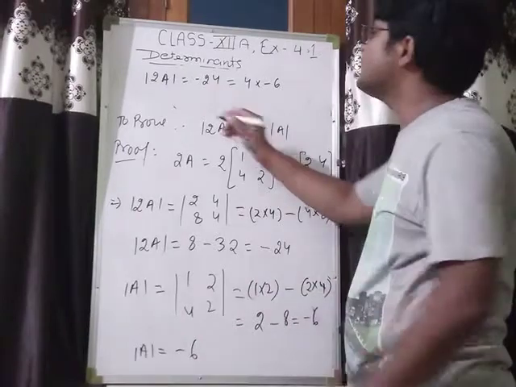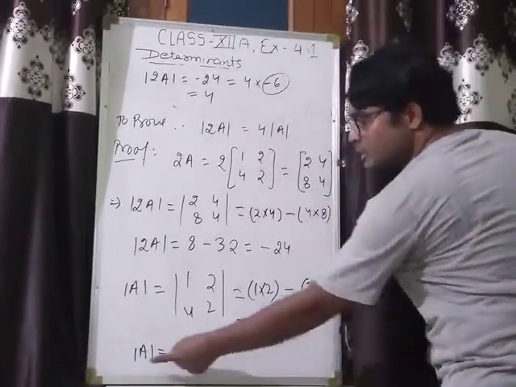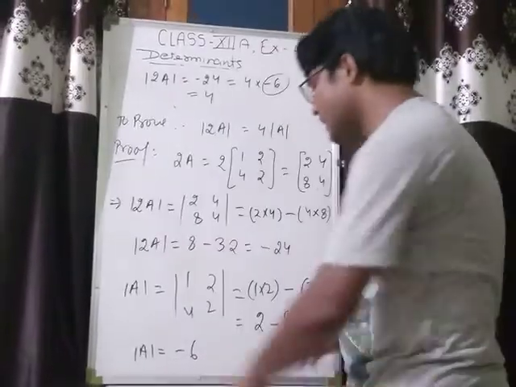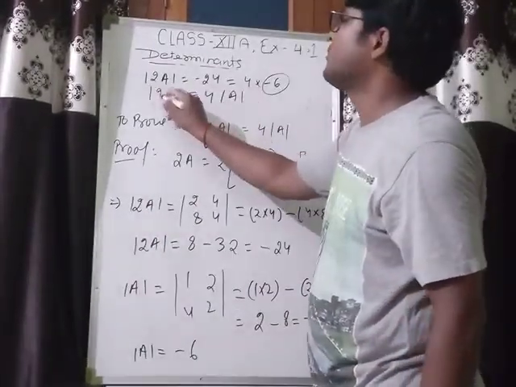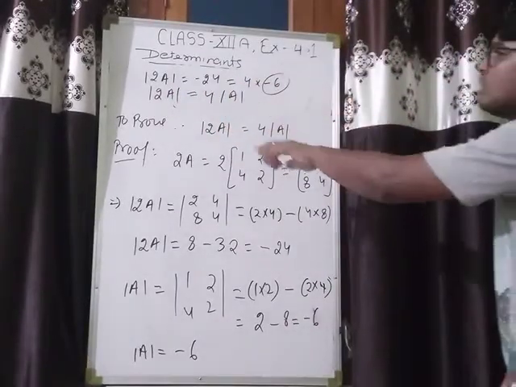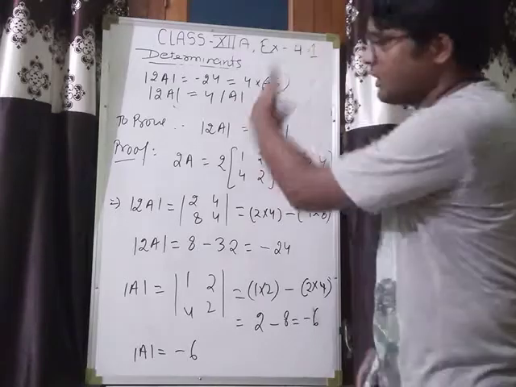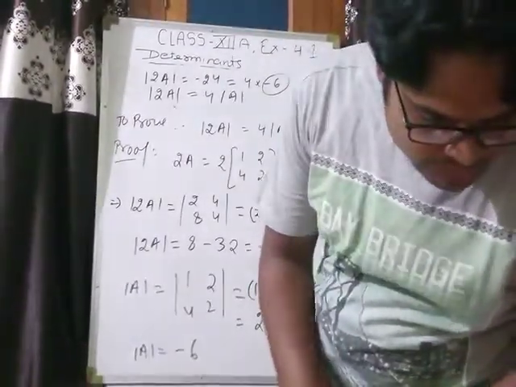And now you can see this minus 6 is determinant of A. So from here it is proved that determinant of 2A is equal to 4 times determinant of A. Got it? So now I am going to solve the next.